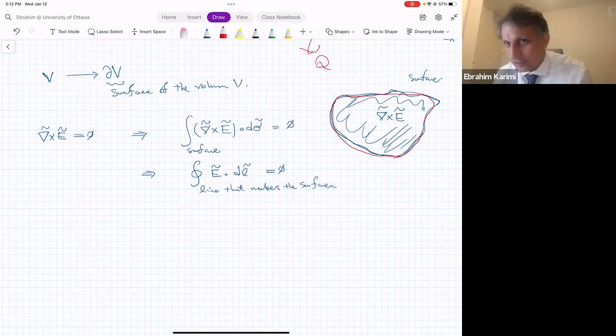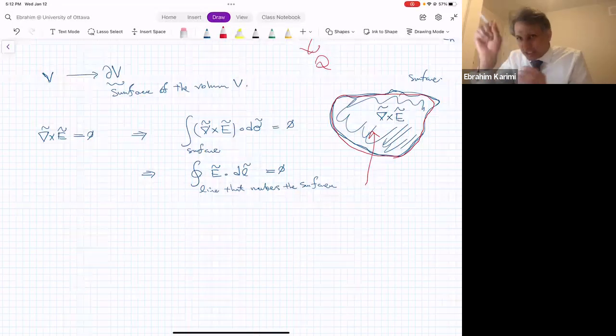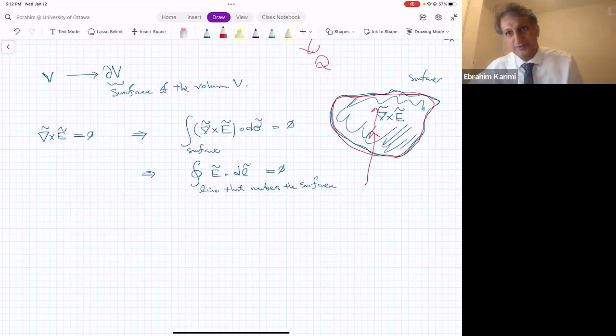You move on a circle, coming back to the same place, and you will get exactly the same value for the electric field. In other cases that is not the case. When you have a magnetic field coming out of here, that will be a different scenario. That's what happens in a capacitor, right? In a capacitor, when you have time-dependent charges, the curl of E will give you what's going on inside that surface in terms of the current.